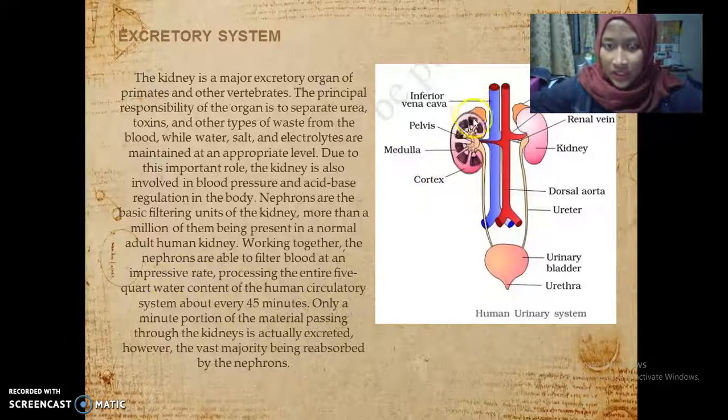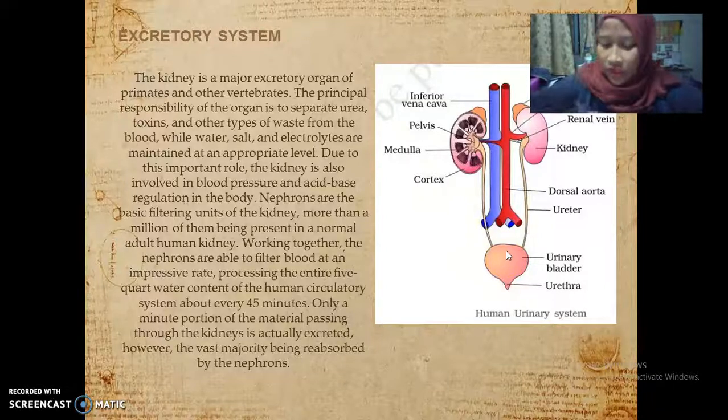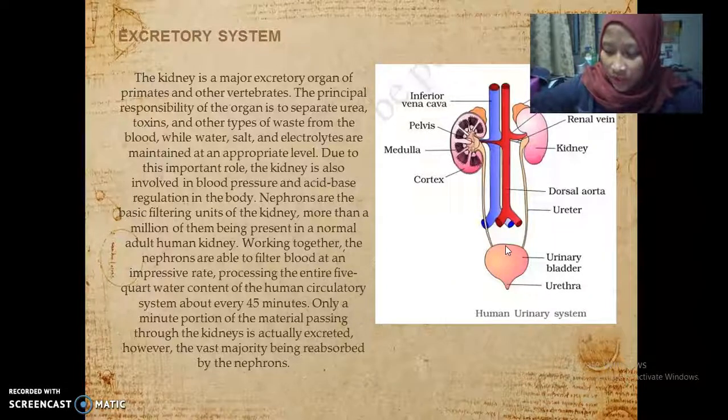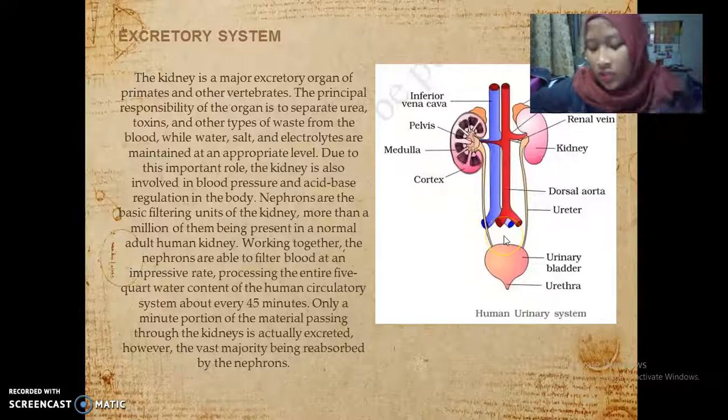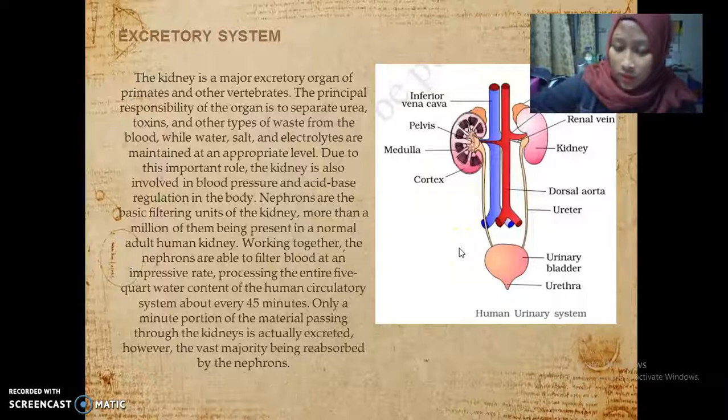And we can see here that this is the kidney. It's connected with the ureter, urinary bladder and also the urethra. The urinary system helps to eliminate waste, producing a product called urea, which is produced when certain foods are broken down.